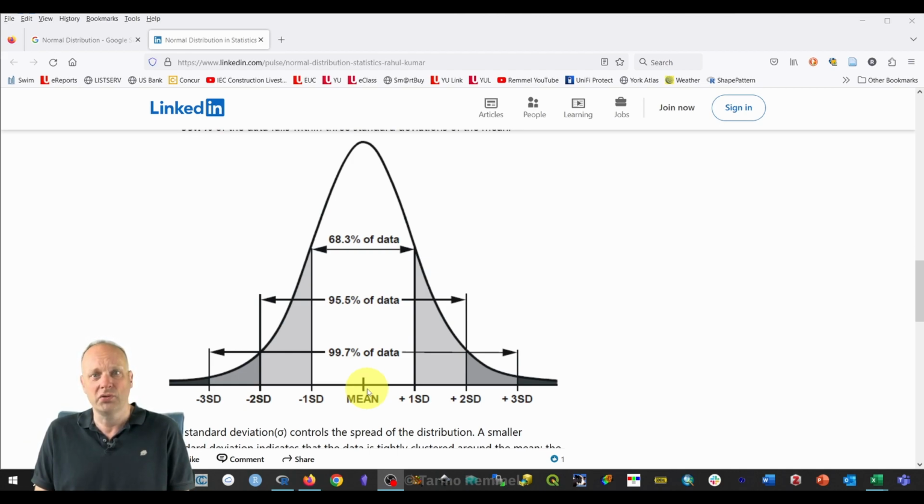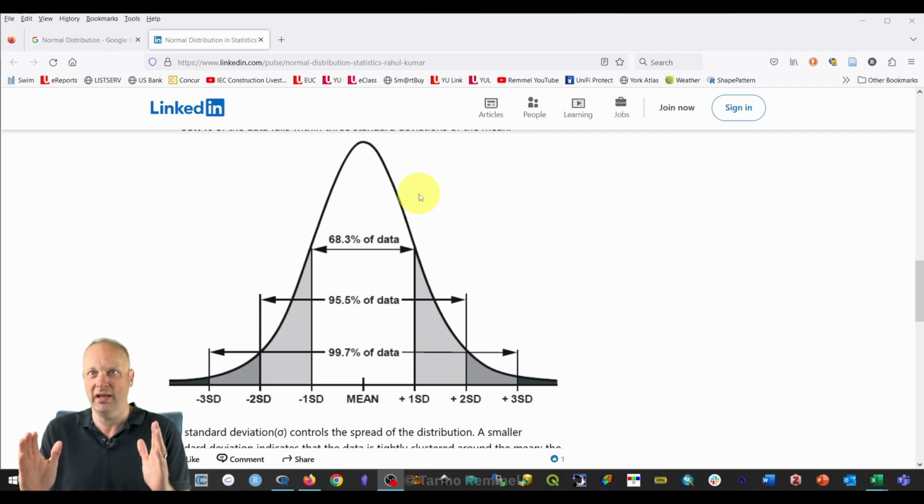So in a normally distributed variable, we look at all of the values that are near the mean, up to the mean plus 1 standard deviation or the mean minus 1 standard deviation, and about 68.3% of all of our data will fall within this range.